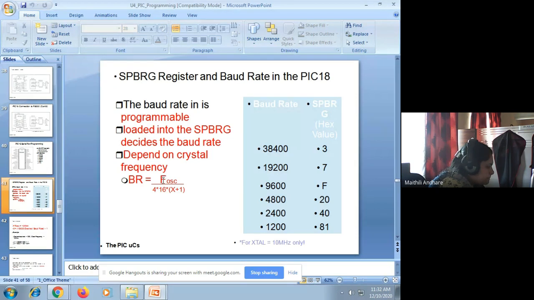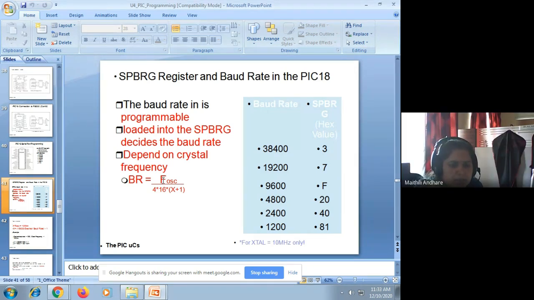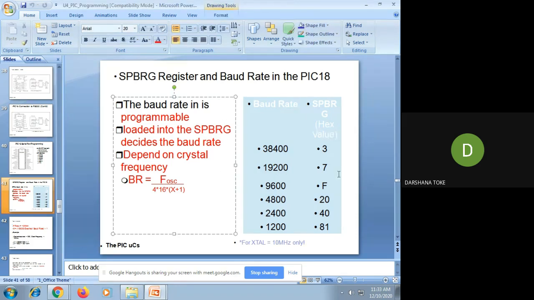Yes. Ma'am, can you repeat, ma'am? For the 8051 microcontroller, what was the register, the baud rate register? 9600, ma'am.